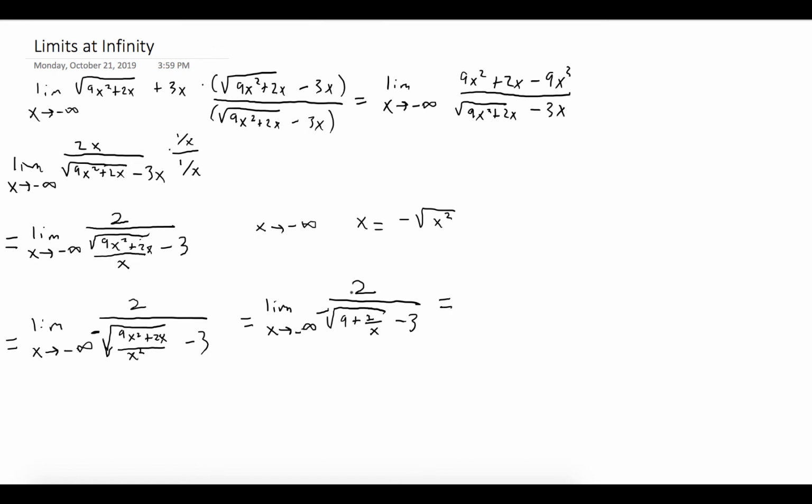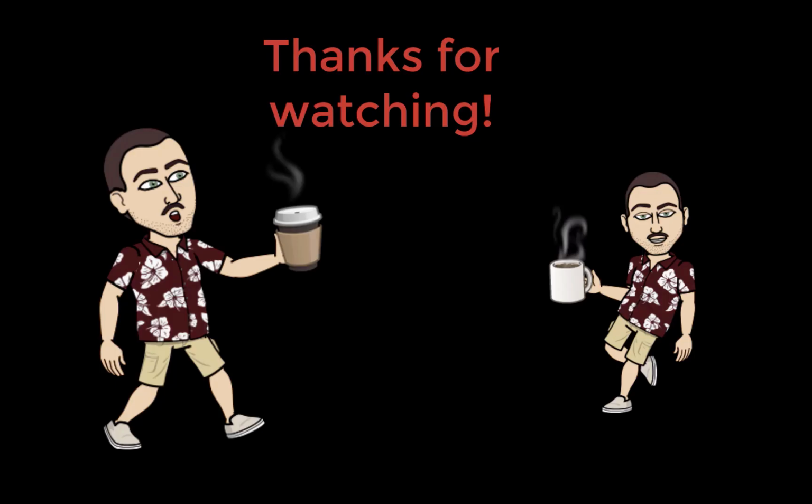And this is equal to, well, 2 doesn't get affected by the limit. This term here will go to 0. So we're just left with negative the square root of 9, so that's negative 3 minus 3, which is equal to negative 1/3. And that's it. So this complicated limit here is equal to negative 1/3.